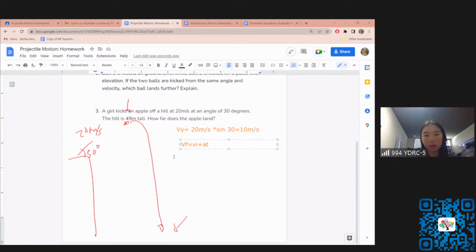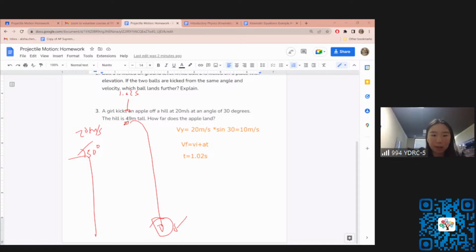Plugging everything in, we get 10 divided by 9.8, which is t equals 1.02 seconds. So the time it takes to get up here is 1.02 seconds.